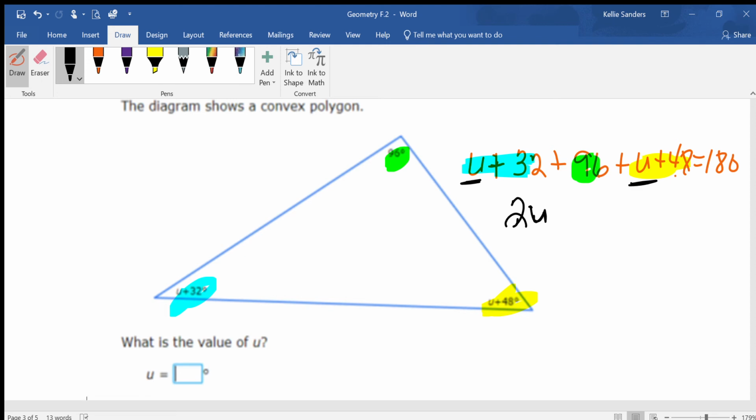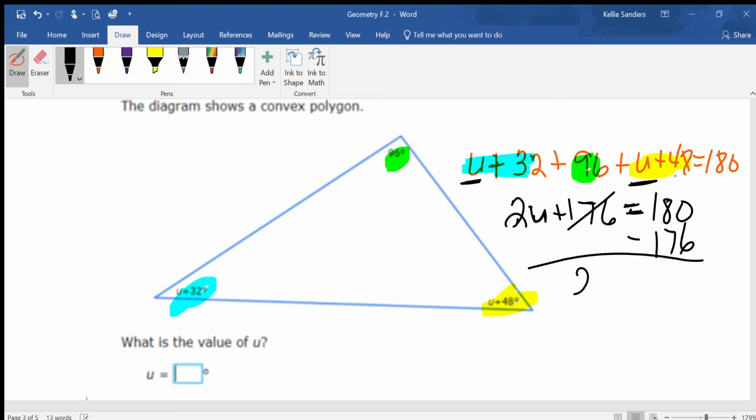I'm going to get a calculator for that, just so it speeds things up. 32 plus 96 plus 48 is 176. Plus 176 equals 180. Subtract the 176 equals 4.